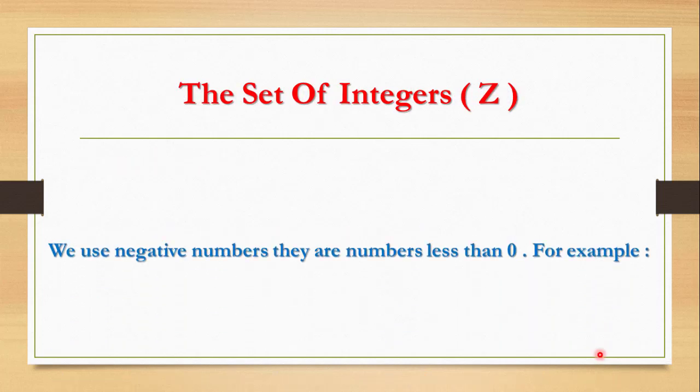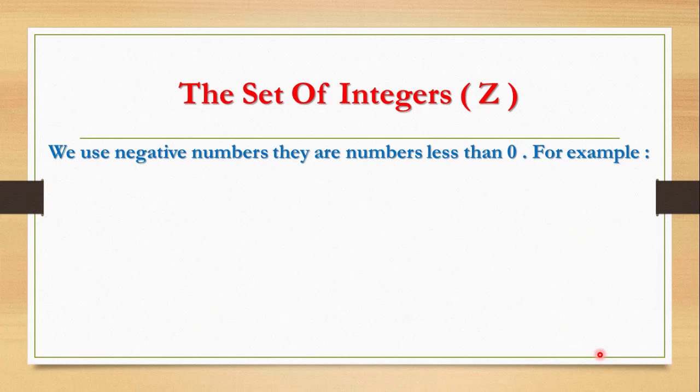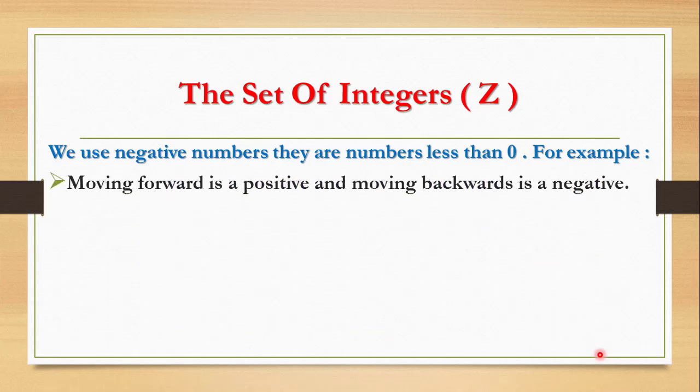In some cases, we need to express information by using numbers which are less than 0. We call them negative numbers. For example, we can express moving forward by a positive number. It means the opposite, moving backwards, will be negative.